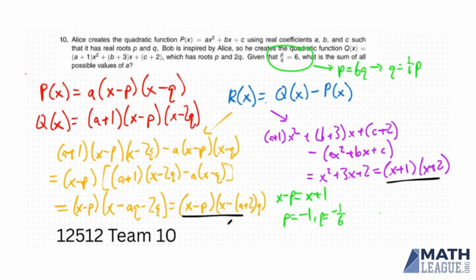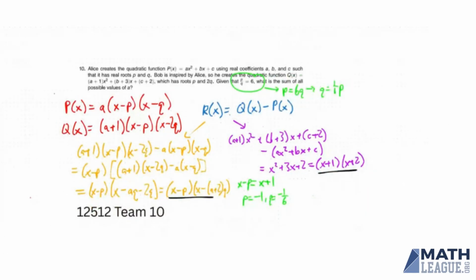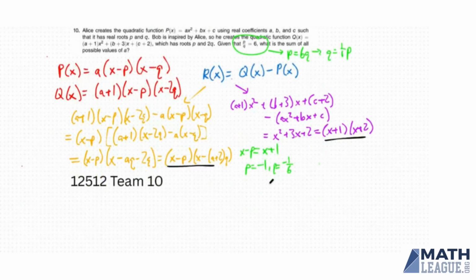Now, we also know that x minus (a plus 2) times q has to equal x plus 2. So that means that (a plus 2) times q has to equal negative 2. And if we solve for this, plugging in q equals negative 1/6, we'll get a equals 10.